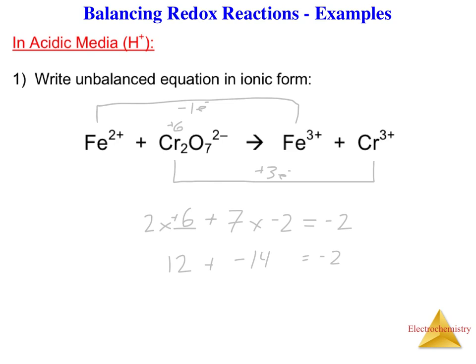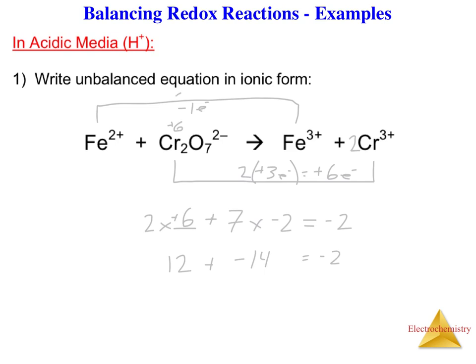But I've got 2 chromiums on the left, and so I've got to have 2 chromiums on the right, and each chromium is going to gain 3 electrons, so I'm going to multiply this by 2 as well. So I have to gain a total of 6 electrons. For a redox reaction, I have to gain and lose the same number of electrons. So I'm gaining 6 electrons, so I have to lose 6 electrons as well.